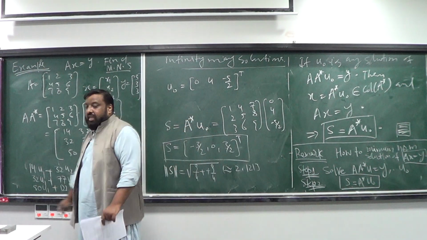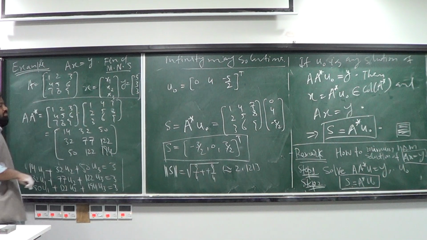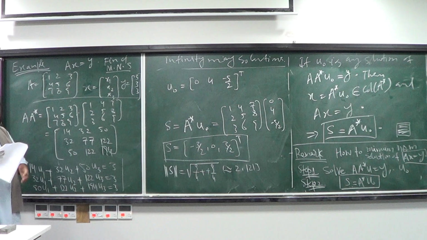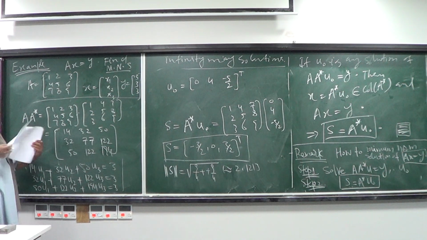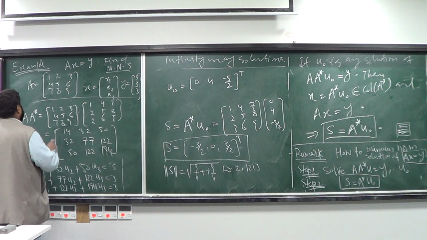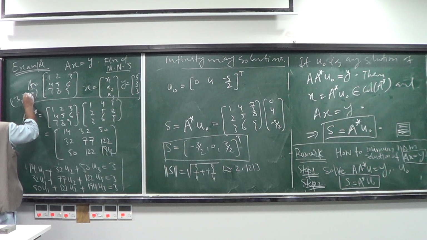Now find any other solution of the original system. For example, one solution is the vector (-3, 3, 0).